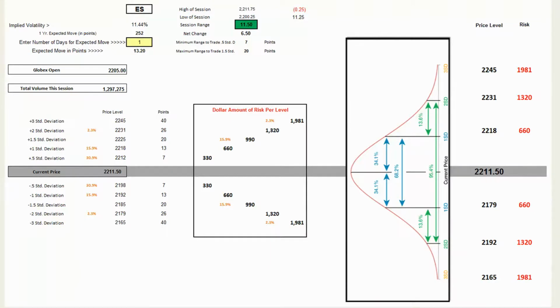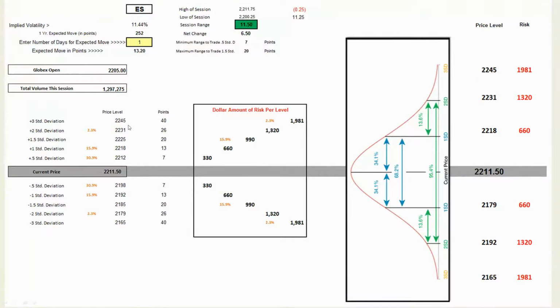I don't think any of us, maybe once a year, once in a lifetime, can either sell the high tick or buy the low tick. So I'm going to assume that if the current price is $211.50, we might have sold, we don't know where, $210, $212, whatever.